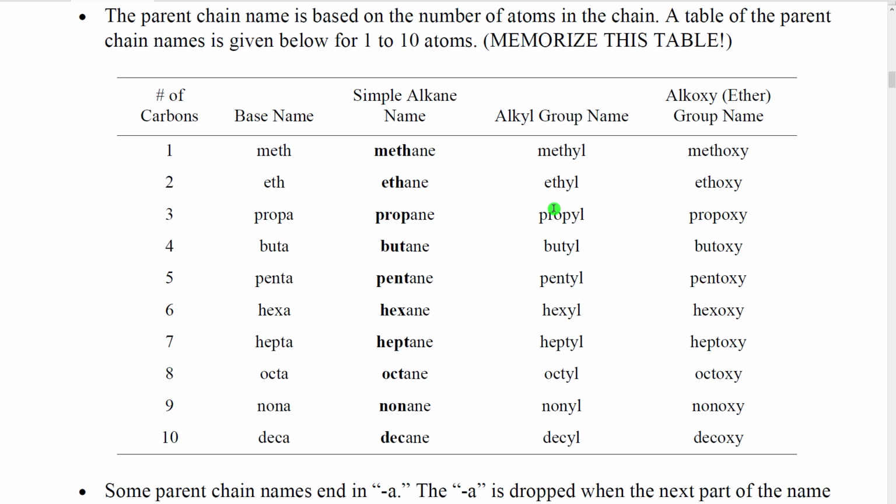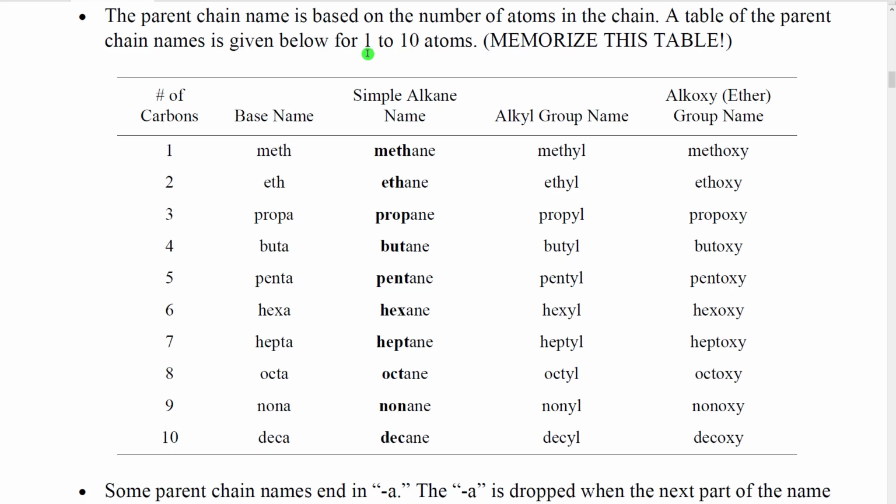Once we have identified our parent chain, then we need to count the number of carbons in that chain, and then we need to give it a name. Now, the parent chain name is based on the number of carbons in the chain.